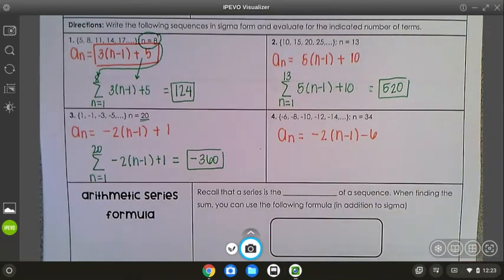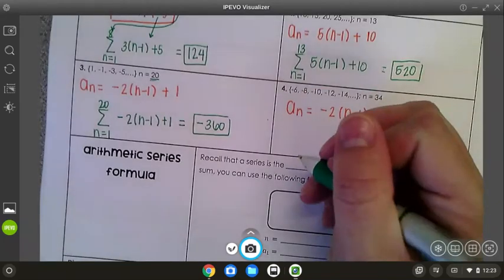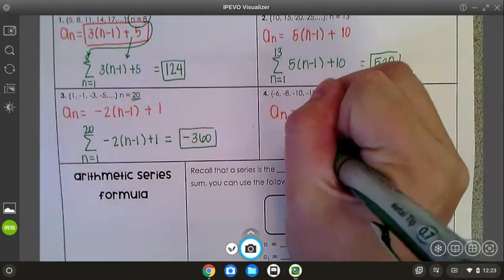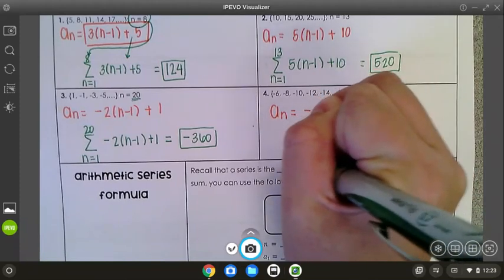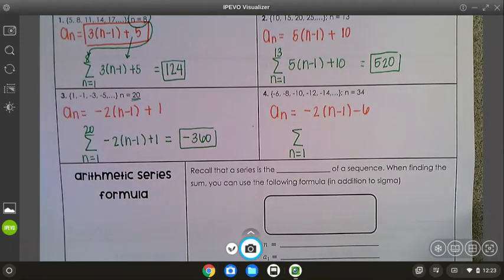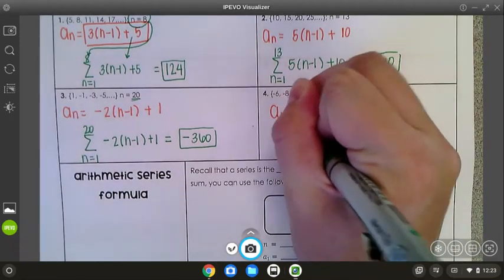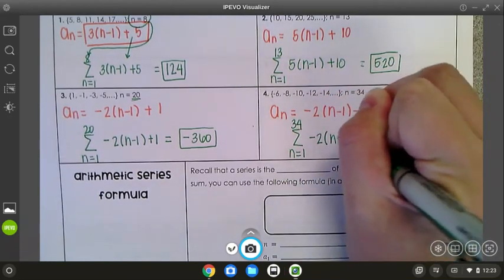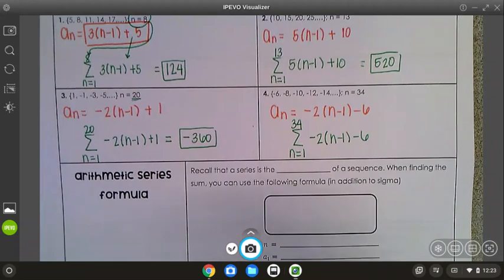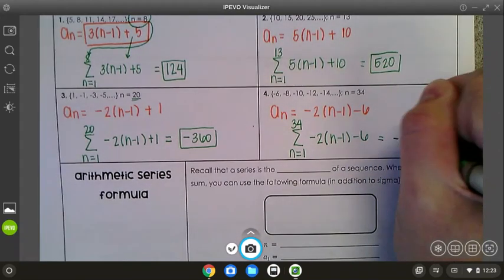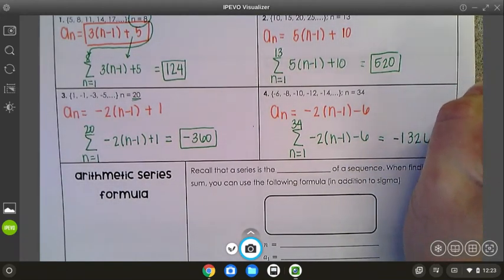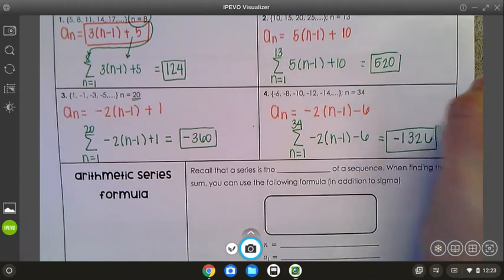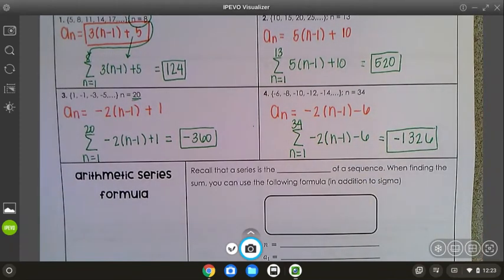That's the same thing as having -6. So the sum, n equals 1 on the bottom, 34 on top. Then we had n minus 1, 6. So we had our formula, and if you did it correctly, this is what you should have gotten, -1,326.